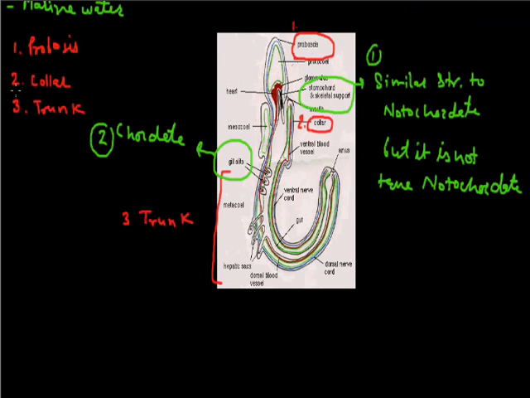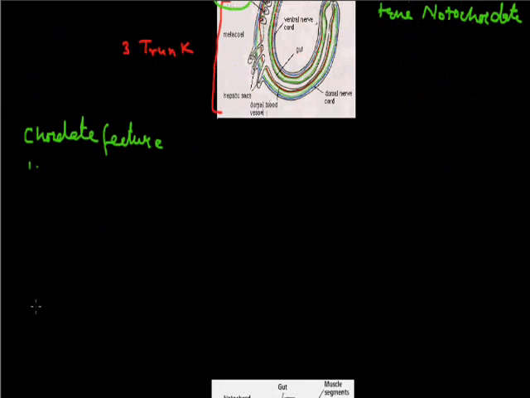So earlier we discussed all the features. These are the features which resemble the chordates. Why is it a chordate? First, they have gill slits. Second, they have a notochord-like structure, a structure which is considered a notochord.